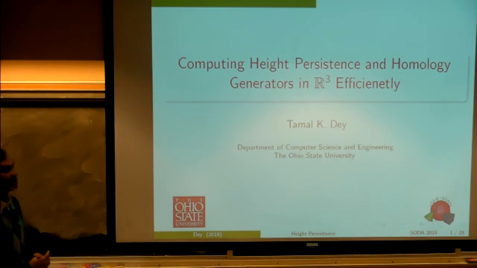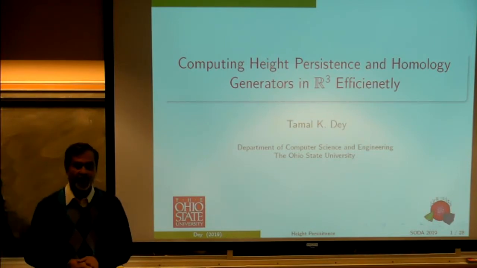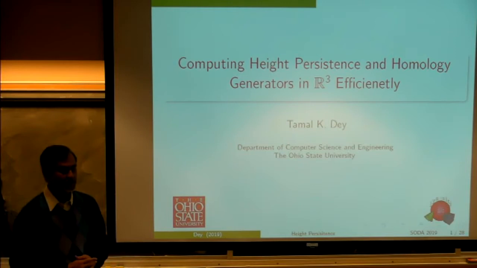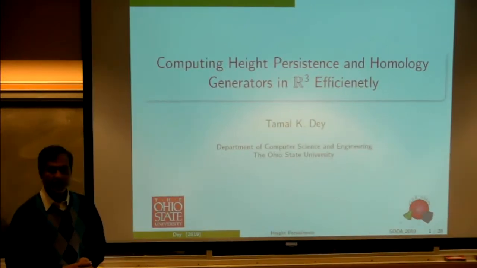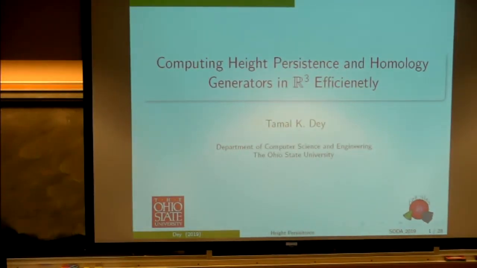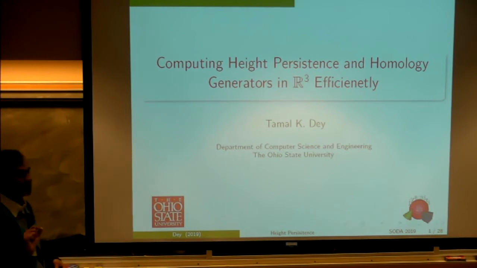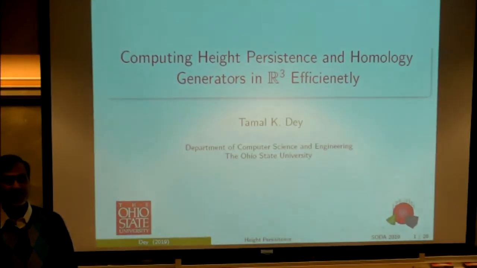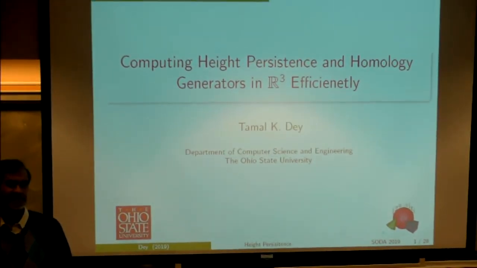But if you do clever manipulations using matrix operations, then you can bring it down to n to the power omega, where omega is the matrix multiplication exponent, which is right now 2.372 something.